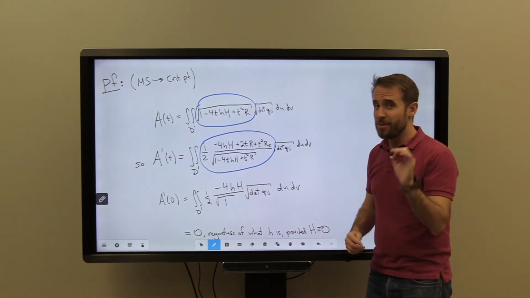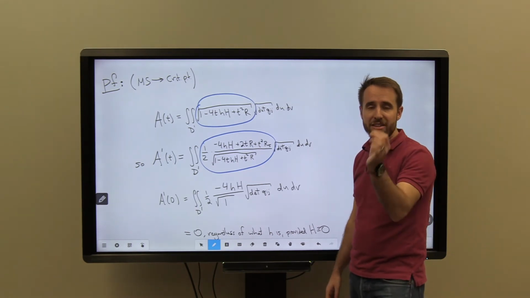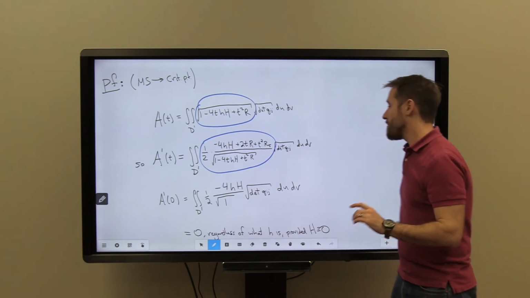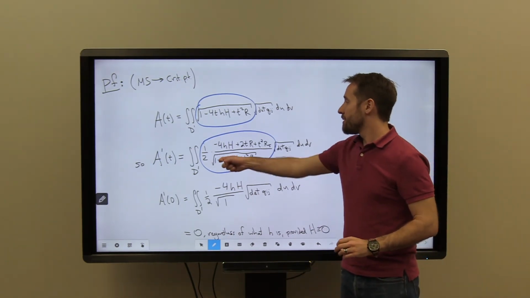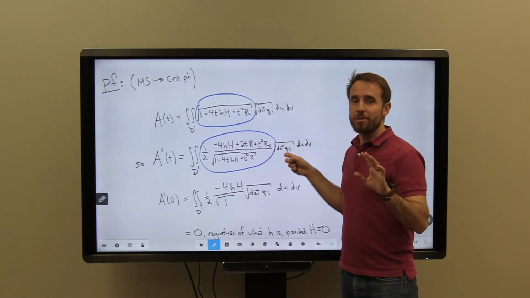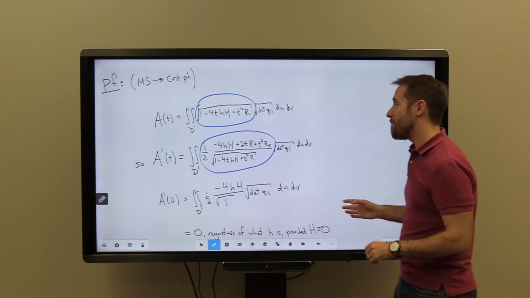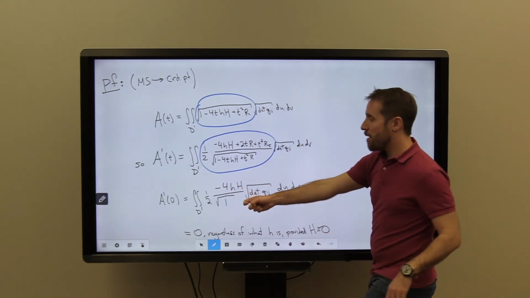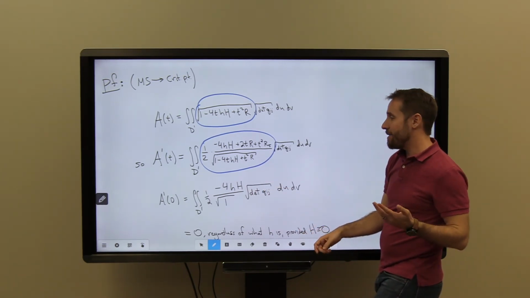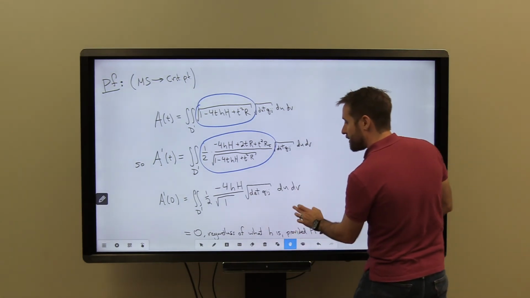But A prime of 0 is what we're really interested in. What is the rate of change of area at that initial time at our minimal surface? Well, at our minimal surface, this denominator just becomes a 1. These ugly, messy things involving r's all disappear because t equals 0 at this moment. And so what we get is just 1/2 times negative 4 little h big H times the square root of this determinant, all integrated up.